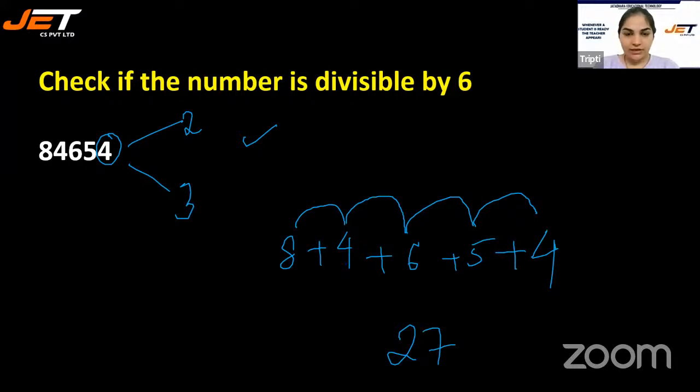Let's check again. 8 plus 4, 12. 12 plus 6, 18. 18 plus 5, 23. 23 plus 4 is 27. Do you see 27 in the table of 3? 8 plus 4 plus 6 plus 5 plus 4 is 27. 27 is exactly divisible by 3. So that's why this number is divisible by what? This number is divisible by 6.